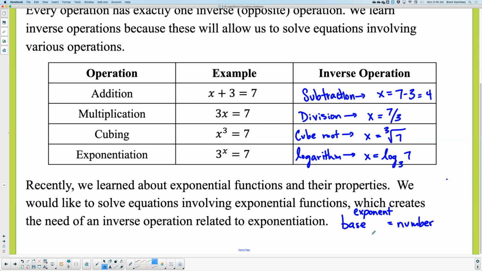Now, this right here is in the form of exponential. Maybe I should put exponential in the front so you can see that. Let me slide this over just slightly. That right there is exponential form.